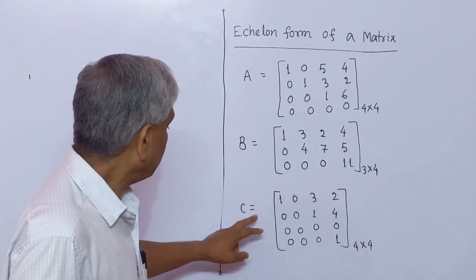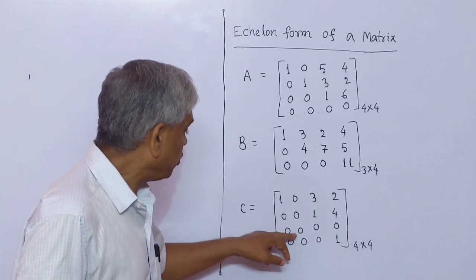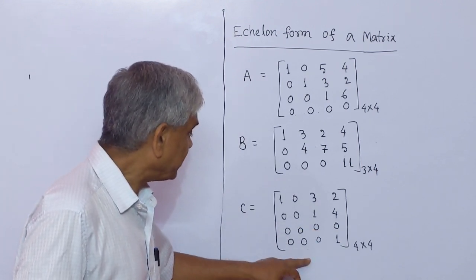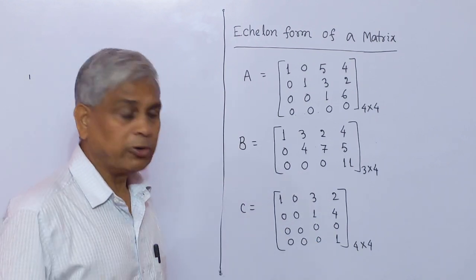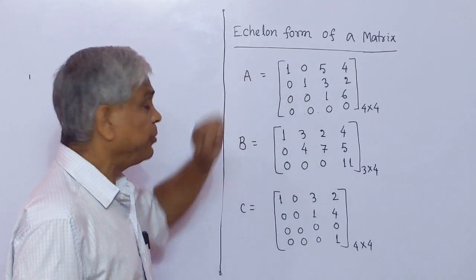Here in matrix C, we see that the number of zeros in the third row is greater than the number of zeros in the fourth row before the non-zero entry. So this is not in echelon form.